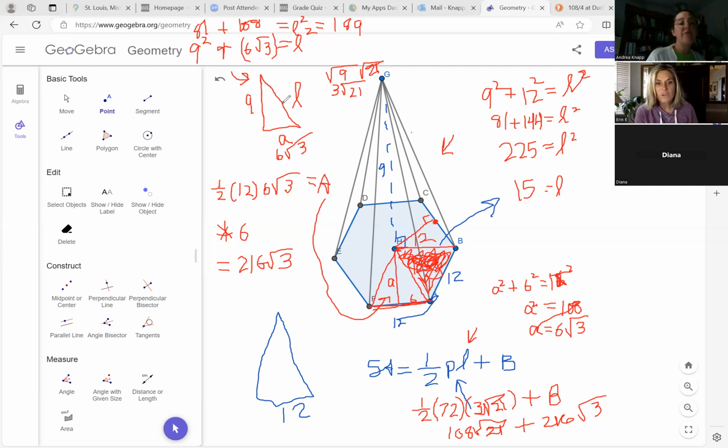So if we had half of the apothem times the perimeter, it would have been half of root 3 times what? Times 72. The perimeter, isn't the perimeter 72? Oh yeah, 72.